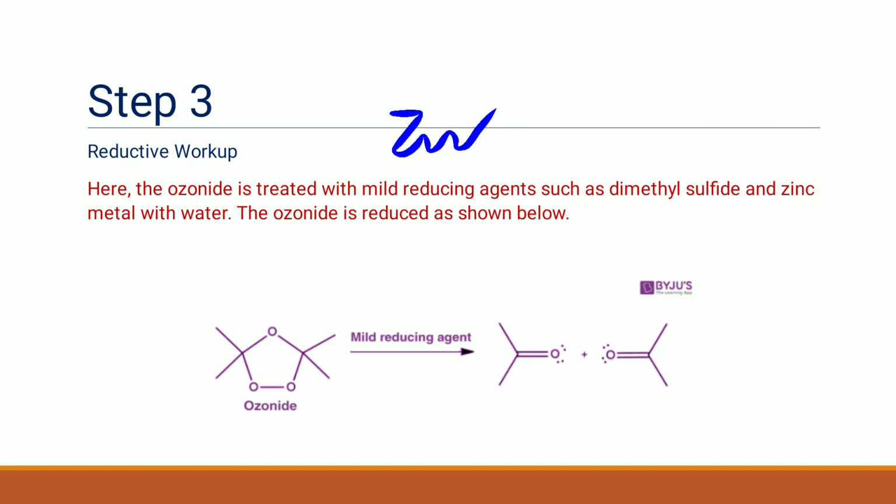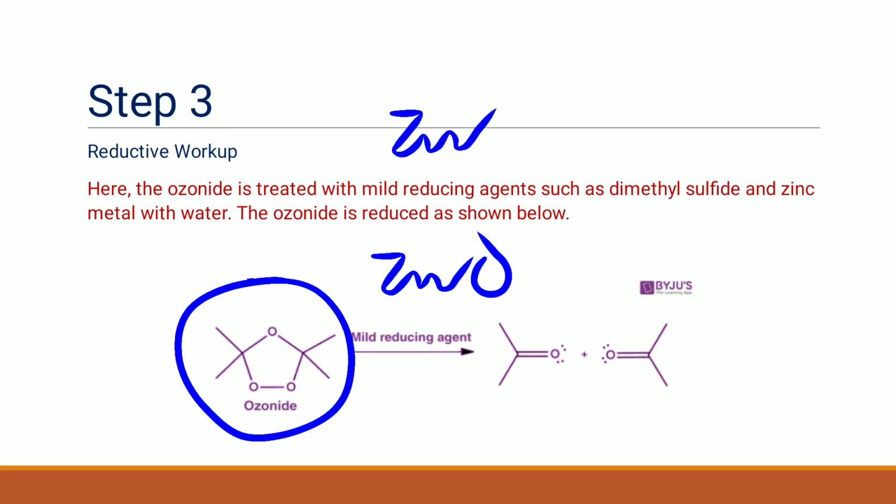This zinc will take one oxygen from the ozonide. This is our ozonide, and from this ozonide the zinc will take one oxygen and form zinc oxide, which can be removed from here. On removal of zinc oxide, the ozonide cleaves, and due to the cleavage of the ozonide we will get two products here.